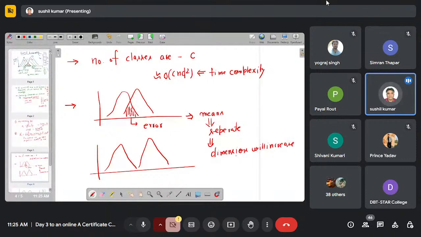When you add more features in your feature vectors, then the means will be separate, this problem will be solved, and dimension will increase. And what is the issue with dimension? It will increase the time complexity. And you can't ignore that part. You can't say, okay, I have a lot of machines with me, and I'm not worried about the time complexity.